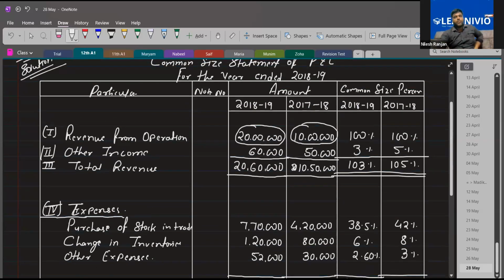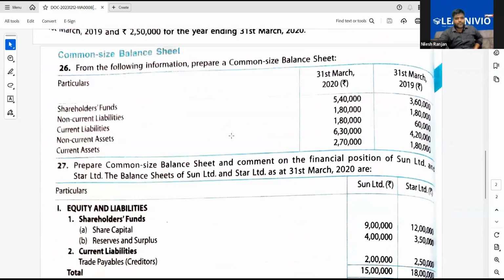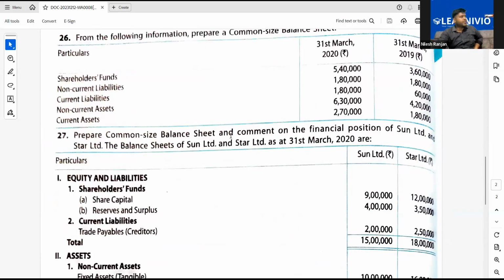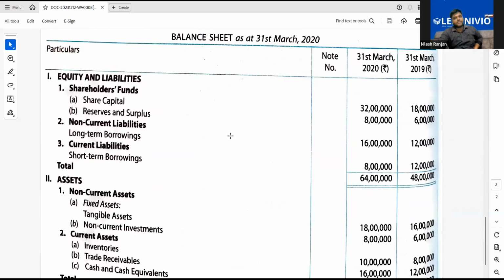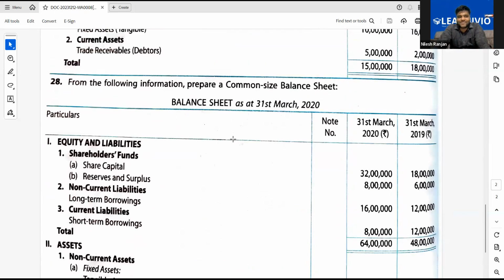Now, in the same manner, you have to solve a question of balance sheet. Tell me which question you want to solve, question number 27 or 28? It's up to you.